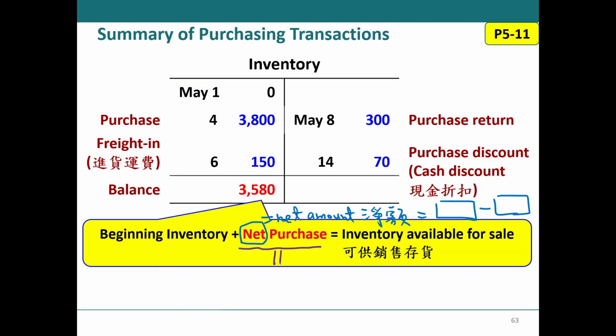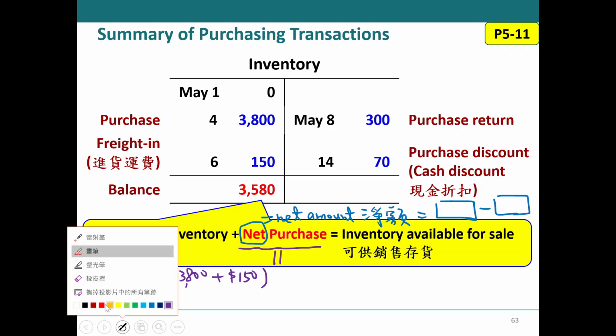So when you buy the inventory, something minus something, what's that? It's $3,800 plus 150, right? That's the cost of inventory we have.